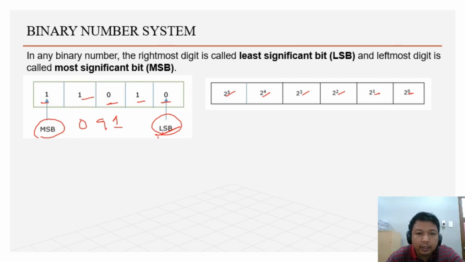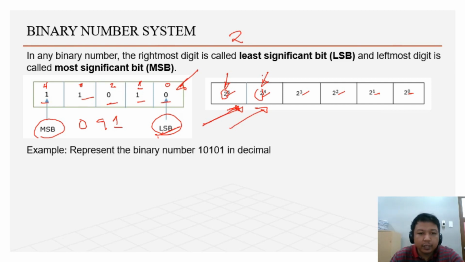So meaning to say that the least significant bit is at position 0, followed by position 1, position 2, position 3, position 4. Now, we can see here that the radix, or the base, is 2, since our binary number system only uses 2 digits. Okay. This positional value is used to convert our binary digit into decimal value.